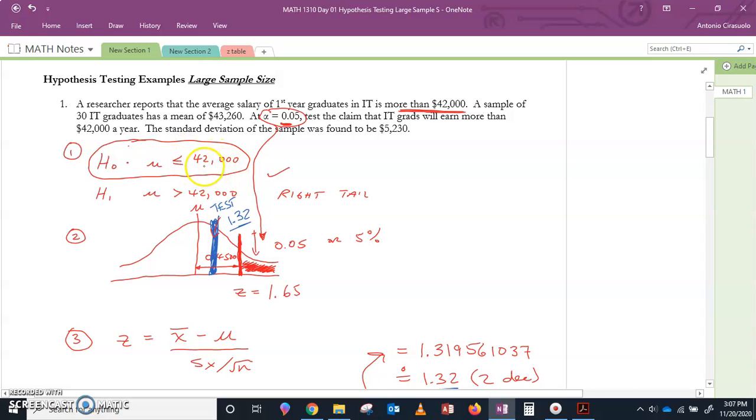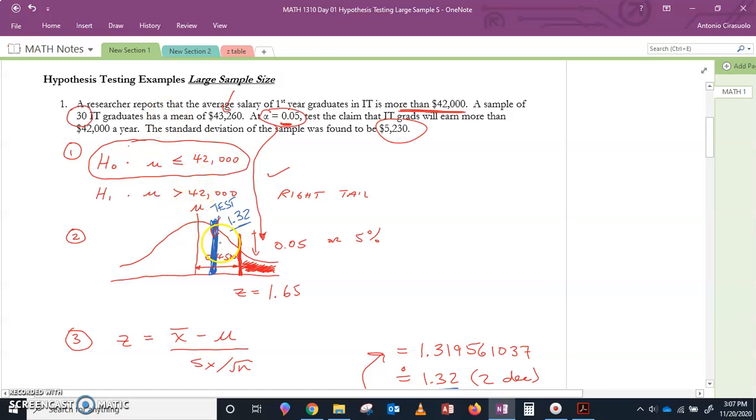Now, you might ask yourself, wait a sec, we did a sample, and our sample had a mean that was greater than 42,000. What do you mean the population mean is not greater than 42,000 like we're trying to prove here? Well, when you factor in the standard deviation and the sample size, that changes the picture.